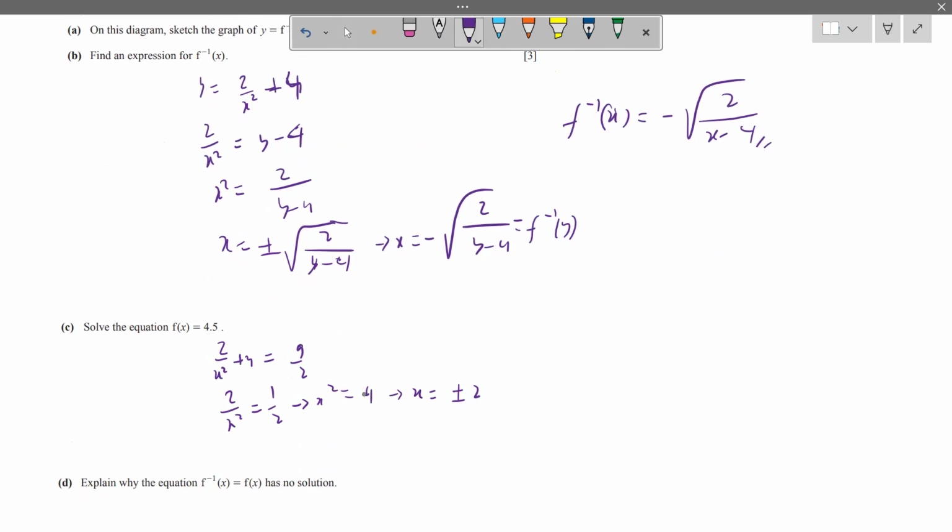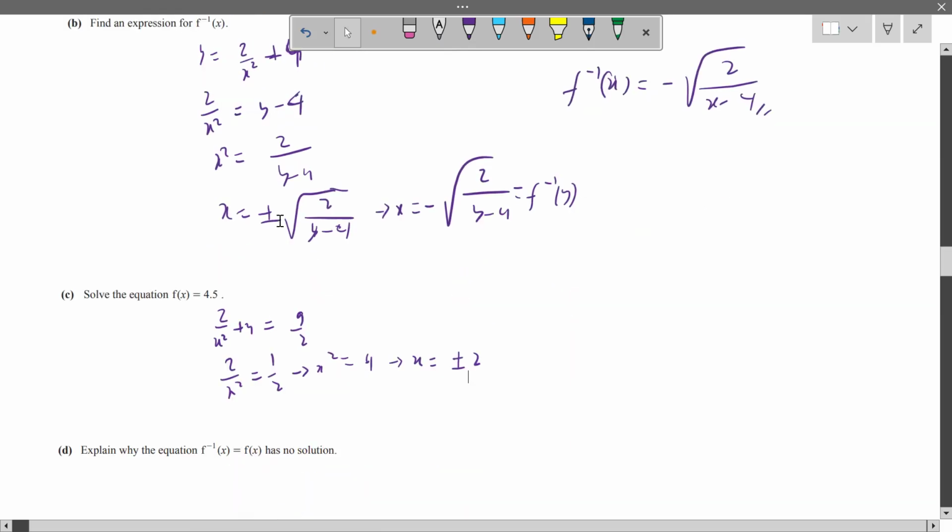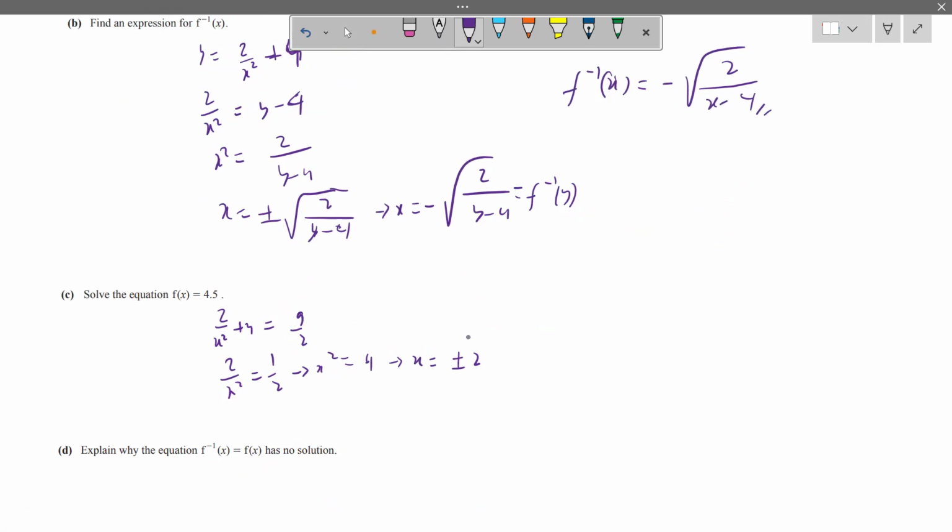However, since f of x is only defined for x less than 0, we have to pick only the negative value. The solution is x equals negative 2.